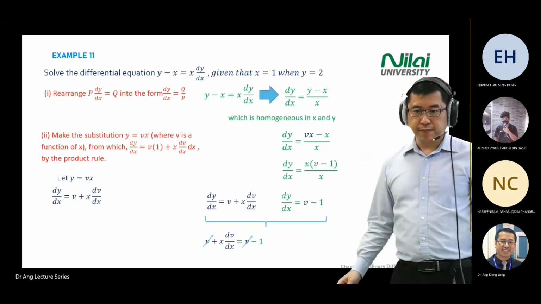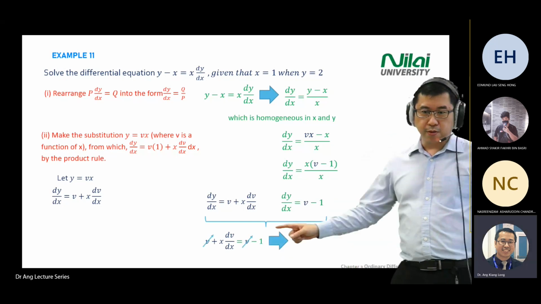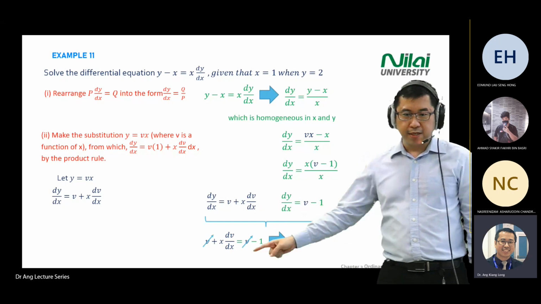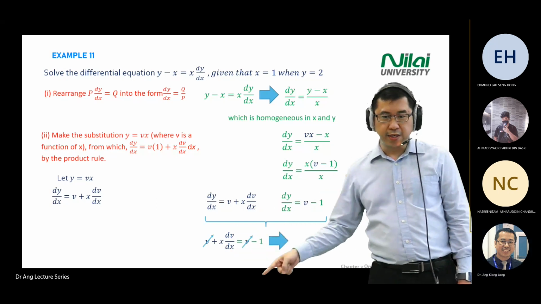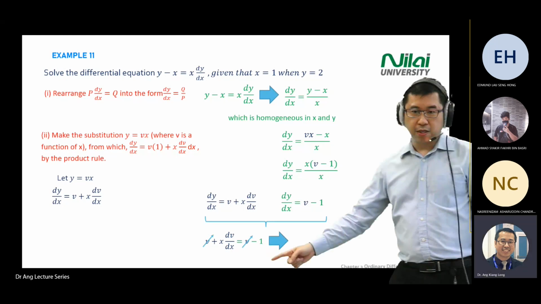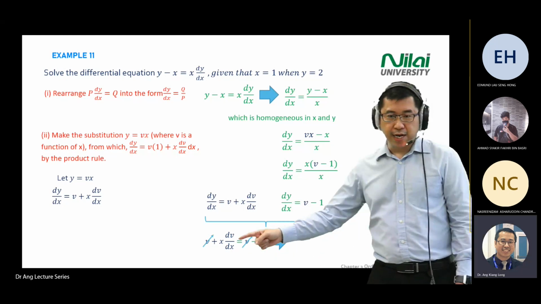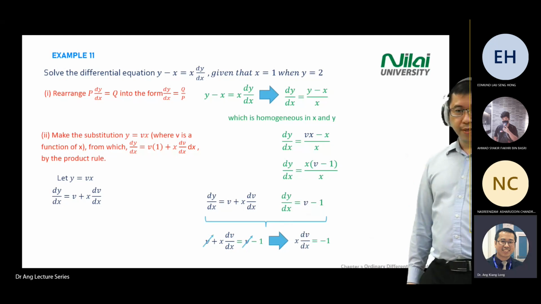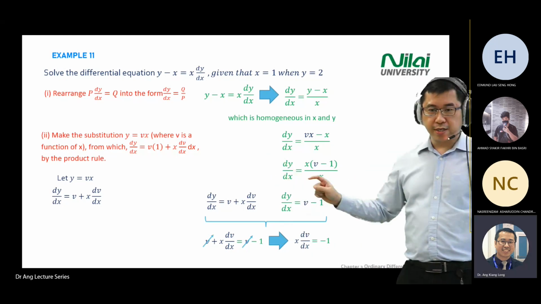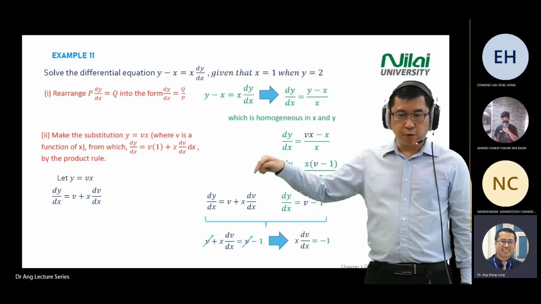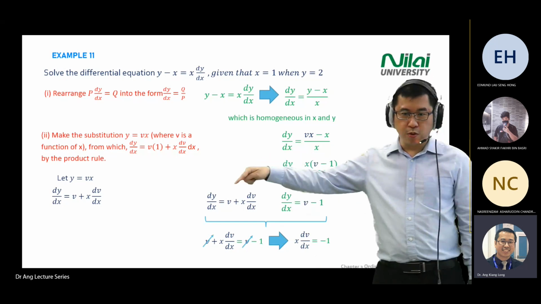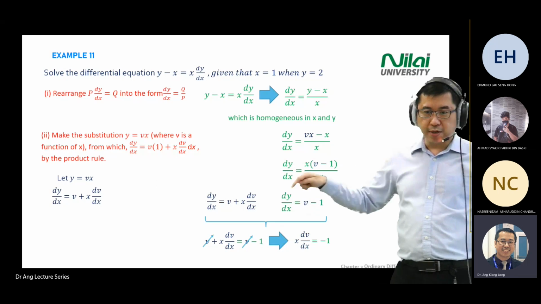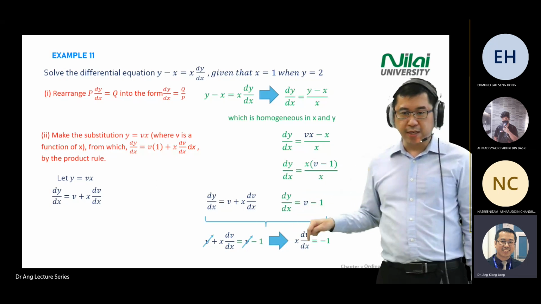Okay. So if you put them side by side, you can cancel the v, so your x dv/dx equals minus 1. You can do direct comparison, or you can set this whole expression equal to this whole expression, then rearrange and you'll get x dv/dx.